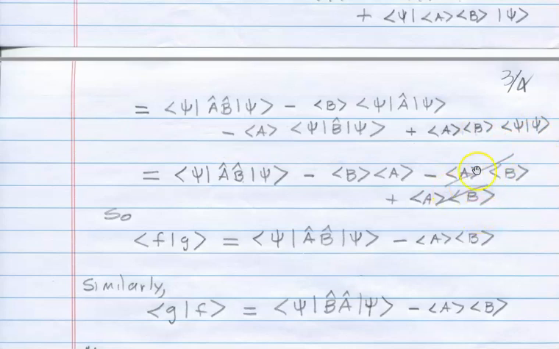And you'll notice the order in these is not important because these are numbers here. The order is important here because these are operators. But for these last three terms, the order is not important, and so I get some cancellation and ultimately come down to this expression here. That inner product of F and G is just this.